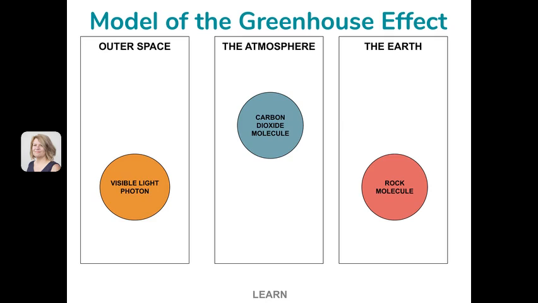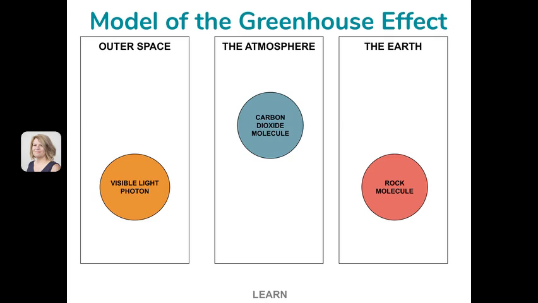They're always moving. Now, there are different kinds of gases in the atmosphere. Remember, we've talked about this before. Carbon dioxide only comprises 0.04% of the atmosphere, but that's the molecule that we're going to be focusing on in this particular model.